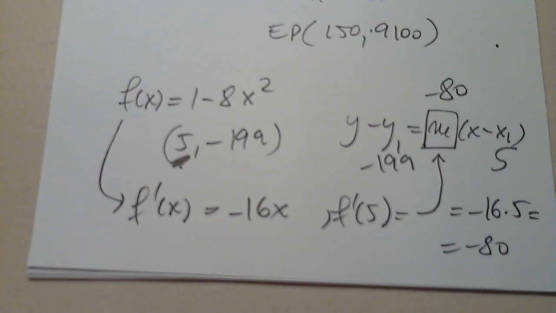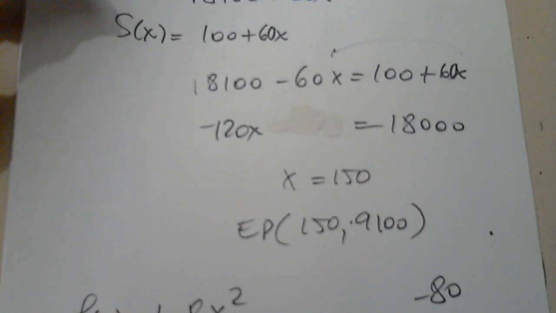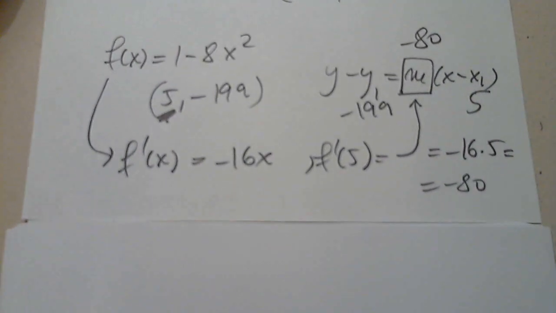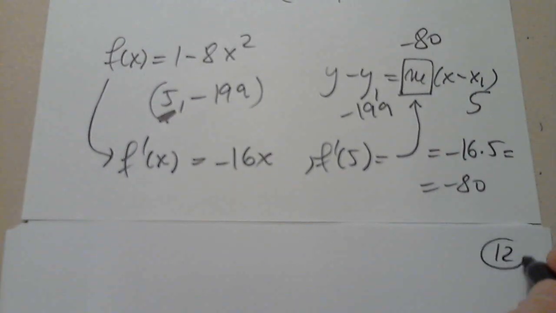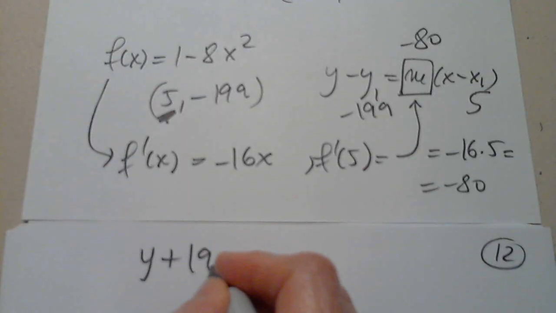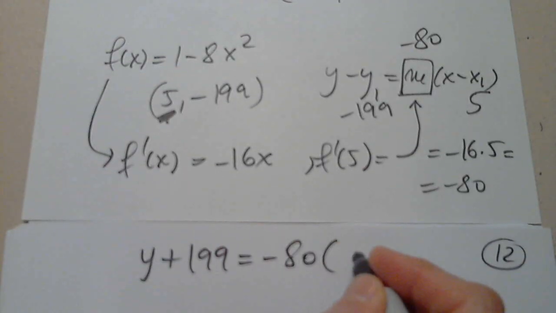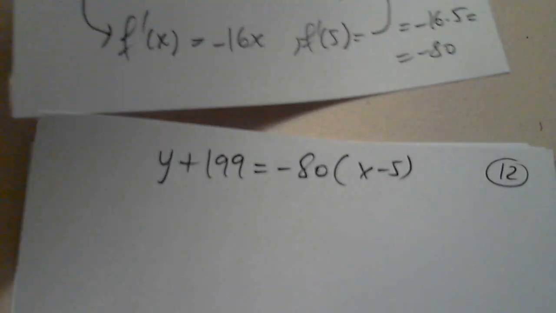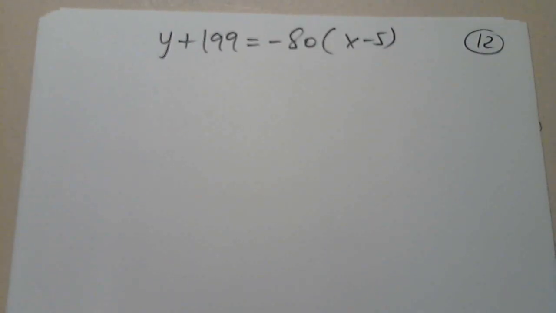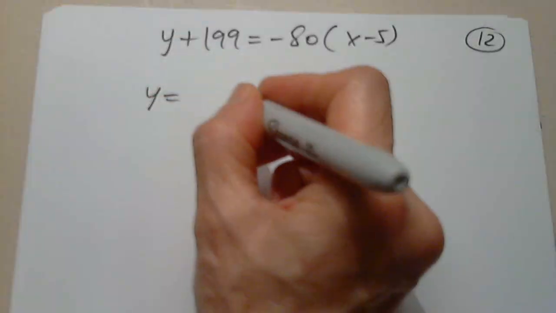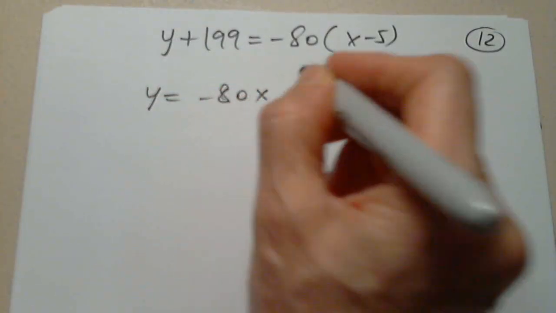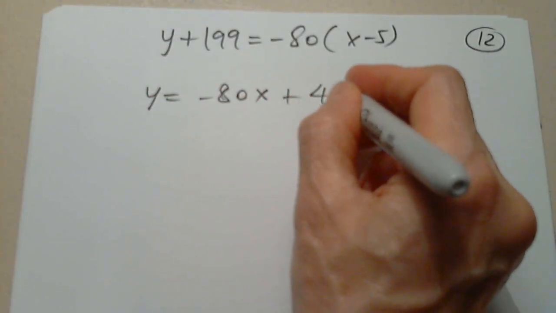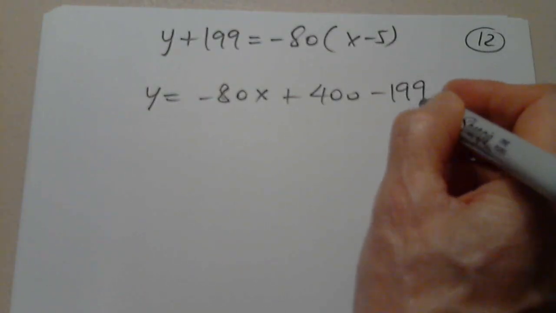And now to determine the whole thing, I have to plug in those 3 numbers to determine the equation of the tangent line. So y plus 199 equals negative 80 times x minus 5. So y equals negative 80x plus 400 minus 199.